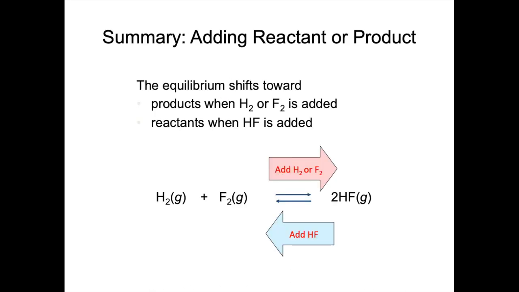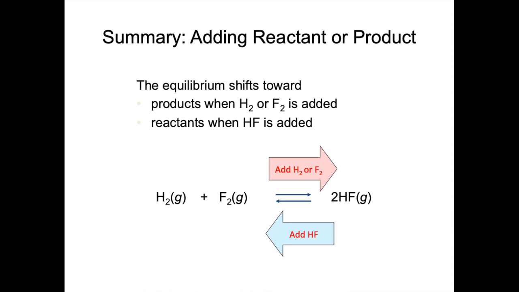Okay, so to summarize what we've just learned, the equilibrium will shift in the opposite direction of what you have done to change the system. So if you add reactants, the system will make products to use up those reactants. If you add product, the system will shift to the reactant side to use up those products. So the system is trying to counteract whatever you did to mess it up in the first place.